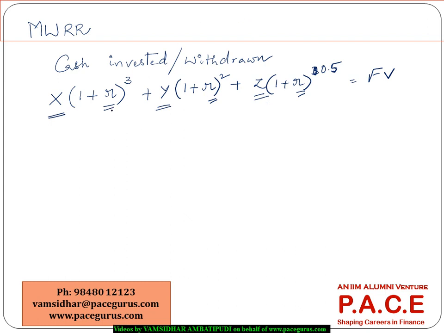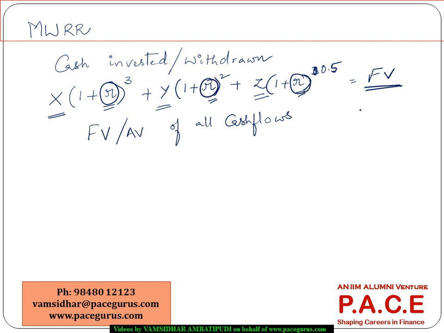The better way to put it: the future value, or the accumulated value, of all cash flows till the maturity period, equated to the actual fund value on that accumulation date. Whatever rate of return makes both of them equal is the money weighted rate of return.